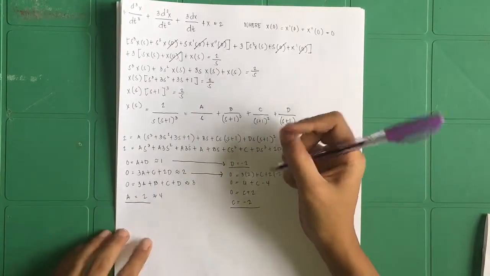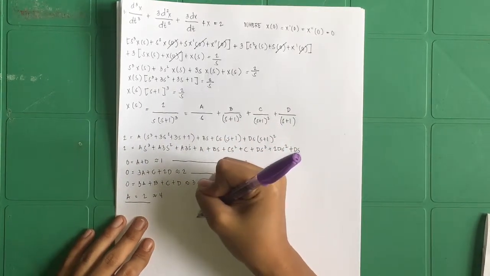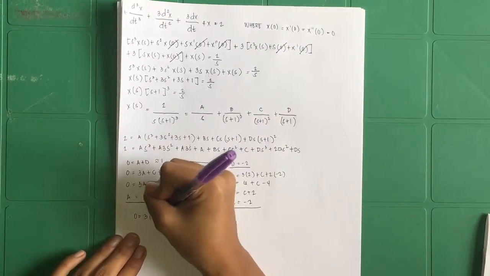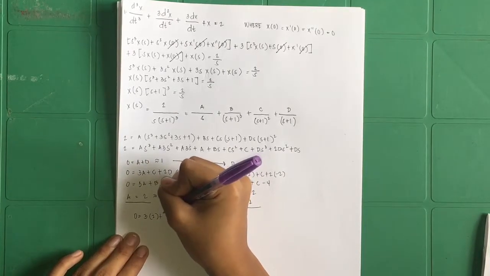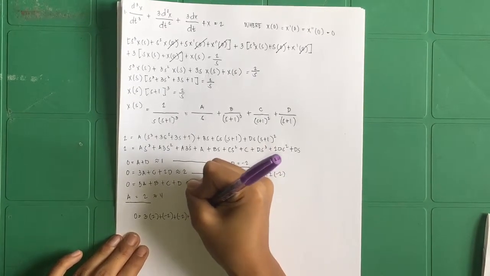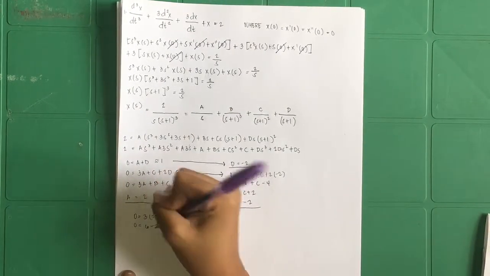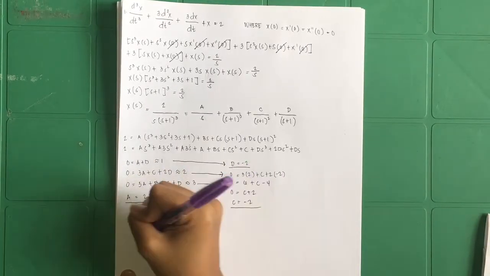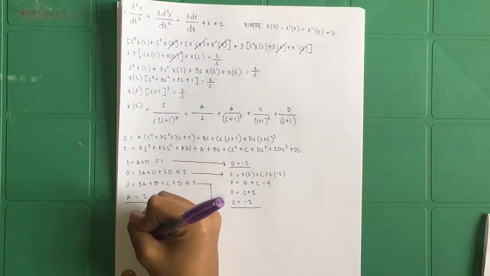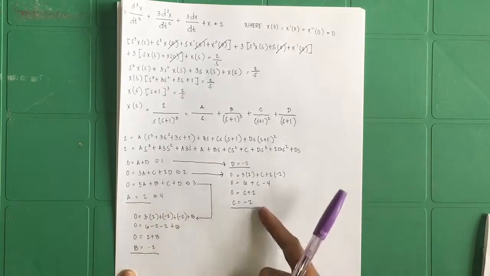Then I'll substitute the value of a, d, and c to get the b. Now I get the values of a, b, c, and d.